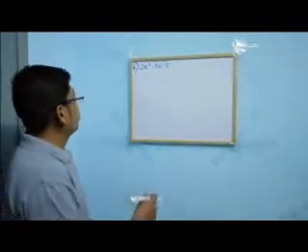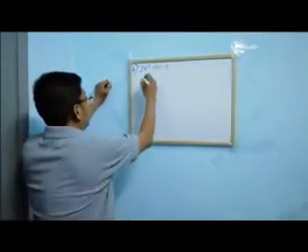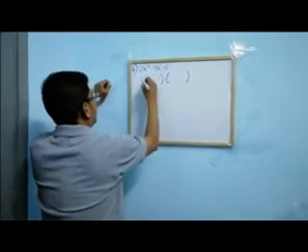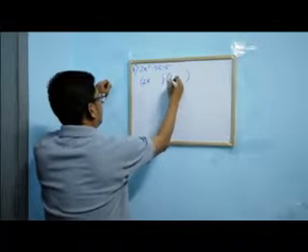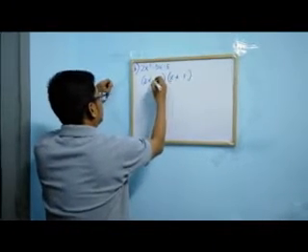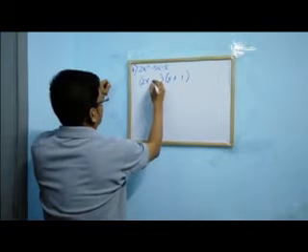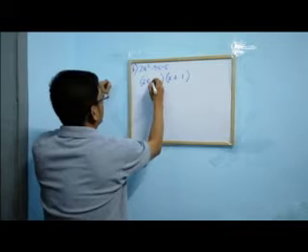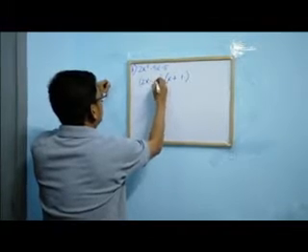So first we need to factor the equation. The factors will be 2x and x, with positive 1 and negative 5.